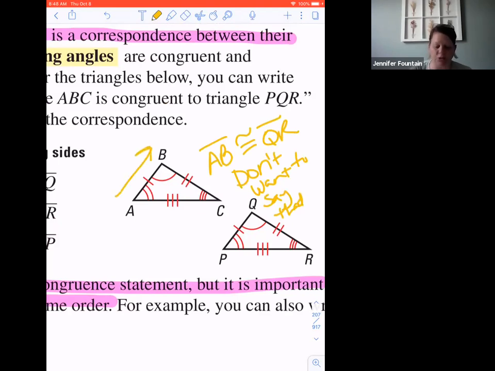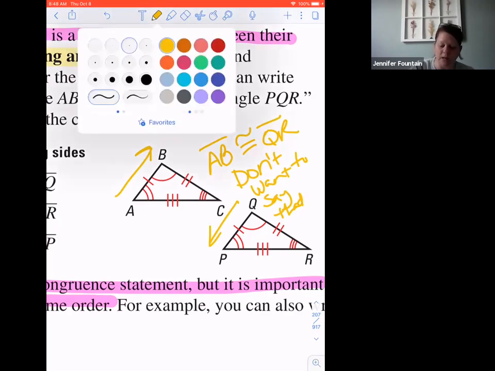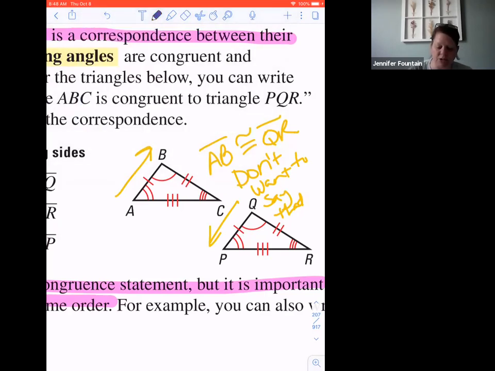AB, I'm going in this direction. QP, I'm going in that direction. I want to make sure that when I name one side going in this direction, I name the other one also going in the same direction. So if I started with A, I start with the corresponding vertex.